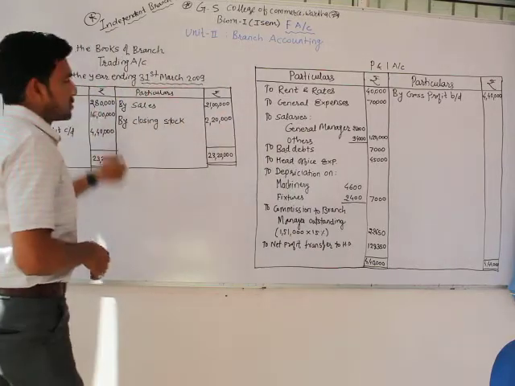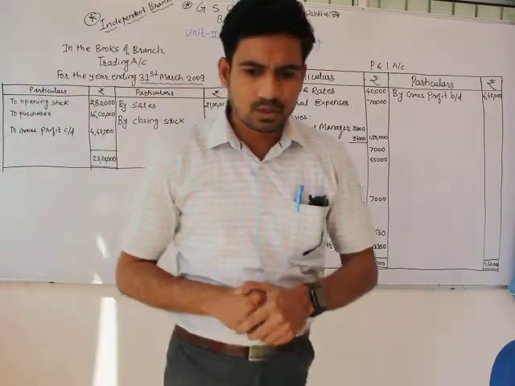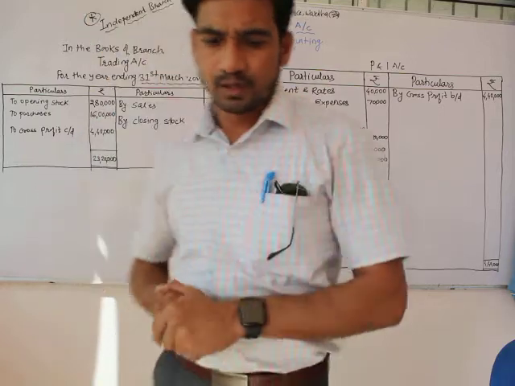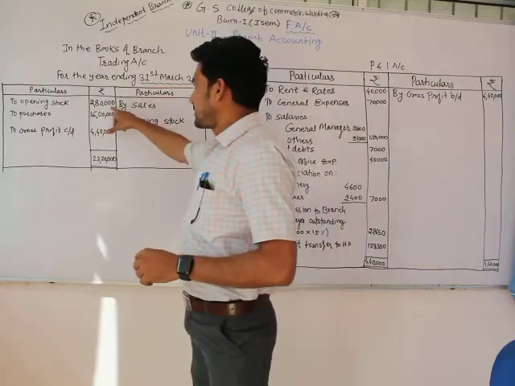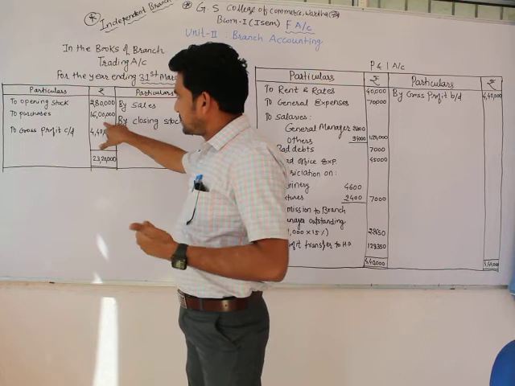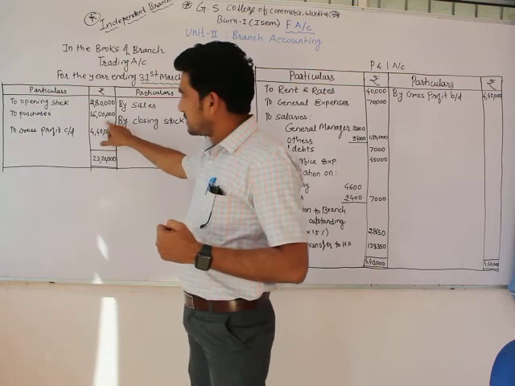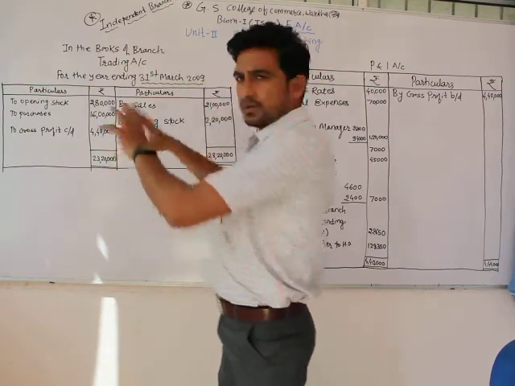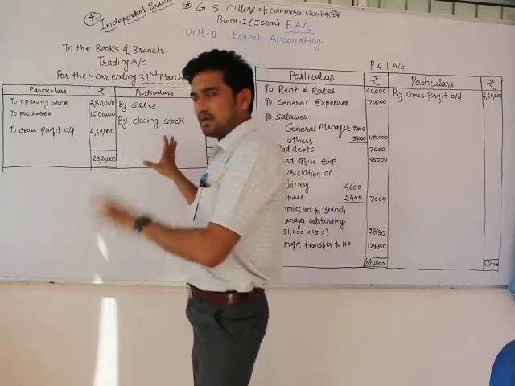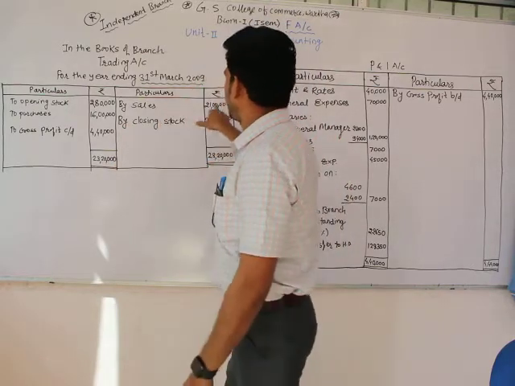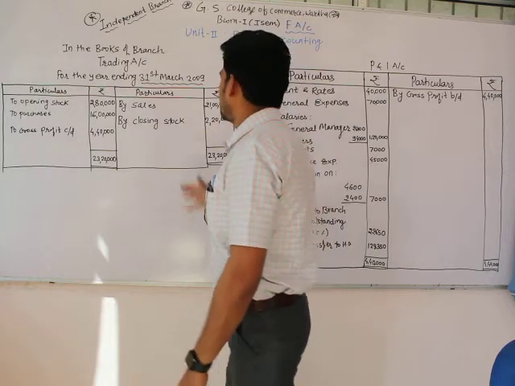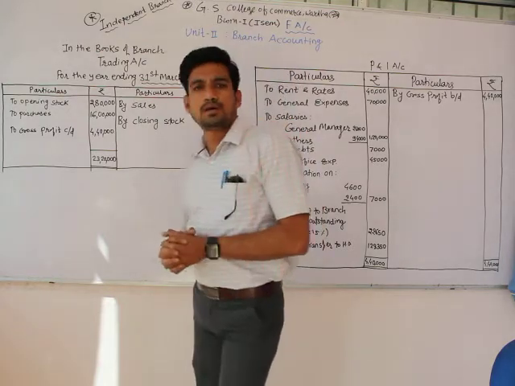Particulars: opening stock. Opening stock is given at rupees 2,80,000, 1st April 2008. Then there were purchases of rupees 16 lakh. Okay, it's a purely simple trading account. Sales 21 lakh in that particular financial year, and the closing stock of rupees 2,20,000.